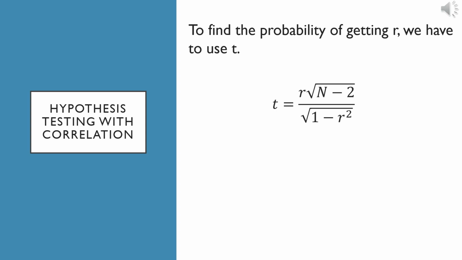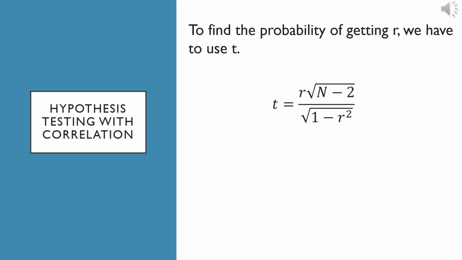And here's how we actually do that, how you translate an R value, a correlation coefficient, into a t-score. You take your correlation coefficient and multiply it by the square root of the number of people in your sample minus 2.